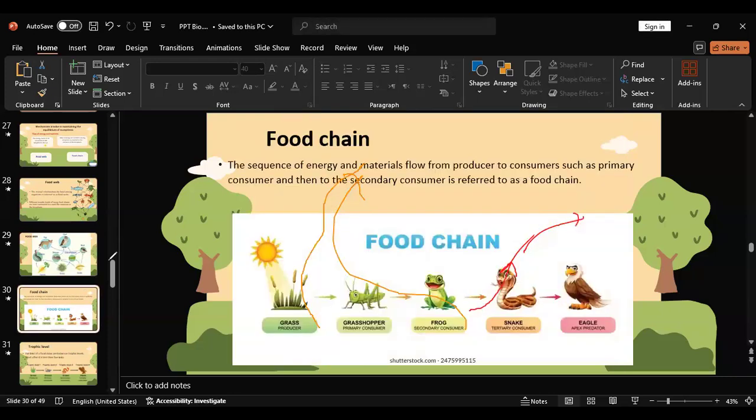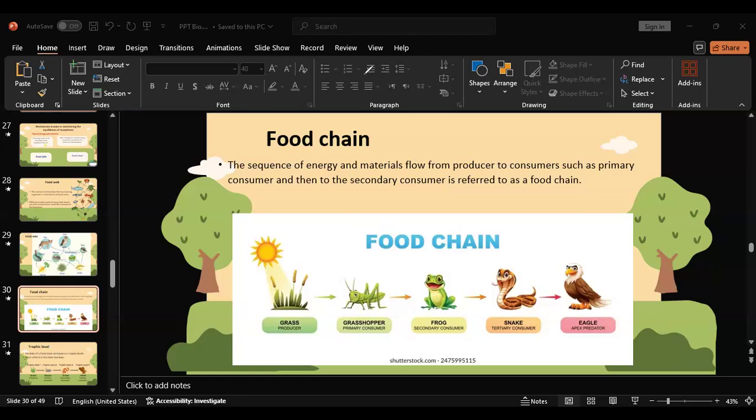The next thing, food chain. Simply we can say that through the food chain only, energy and materials, meaning nutrition, can flow through each level. Here you may see that this is the food chain.